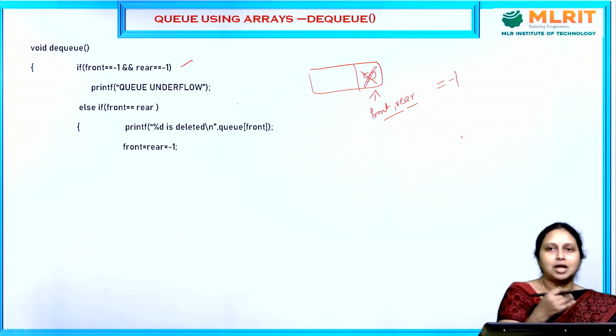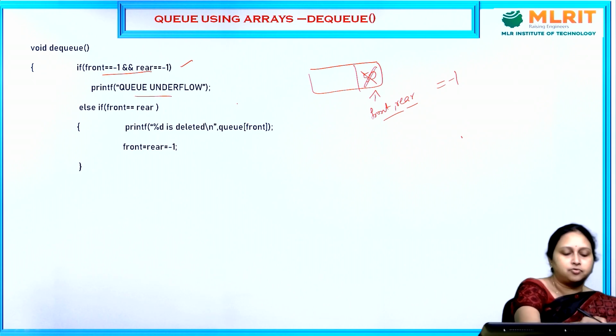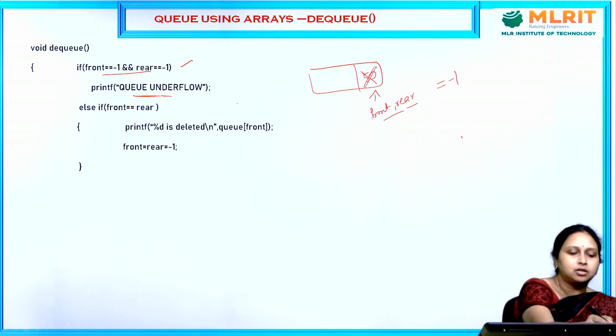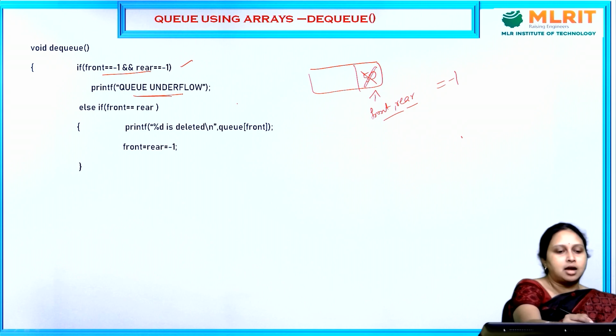That means you don't have any elements in the list. So it goes for the queue underflow condition, right? This is one case, underflow condition.